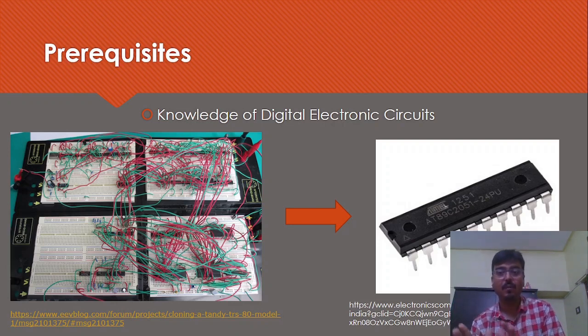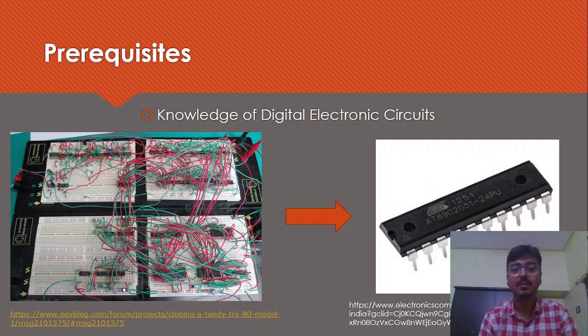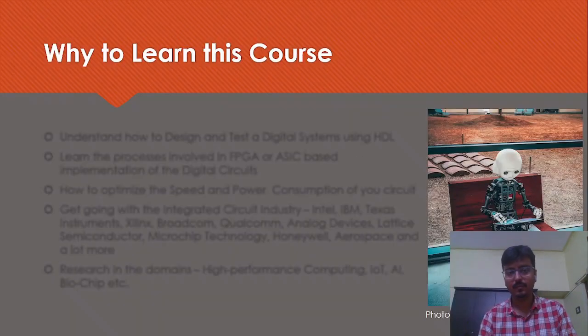The first step of automatically designing this kind of IC is to describe the digital circuit using some hardware description language. So how to do that? This will be the motto of this course.